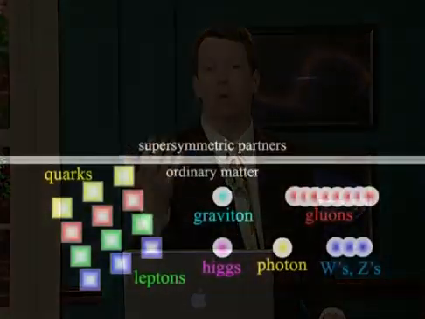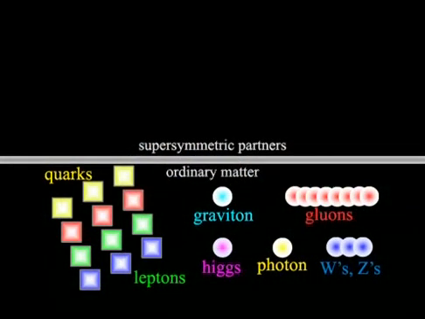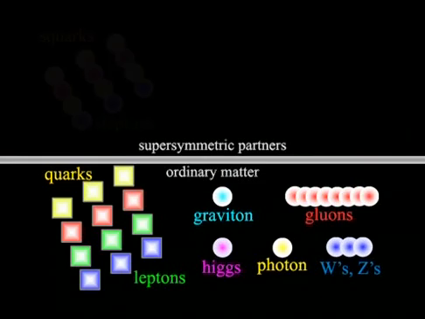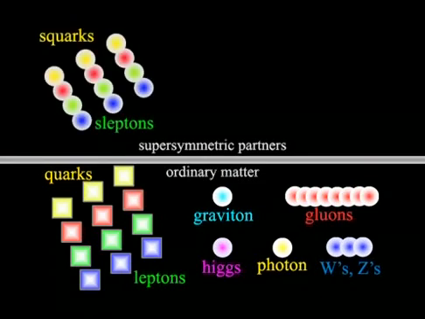The bosons that are the partners of the existing fermions are given names that are derived by tacking an S onto the beginning of the name of the fermion. So we have different kinds of quarks, for example. Their bosonic superpartners are called squarks. We have different kinds of leptons. Their bosonic superpartners are called sleptons. So you have the electron and its partner the selectron, the neutrino and its partner the sneutrino, etc.